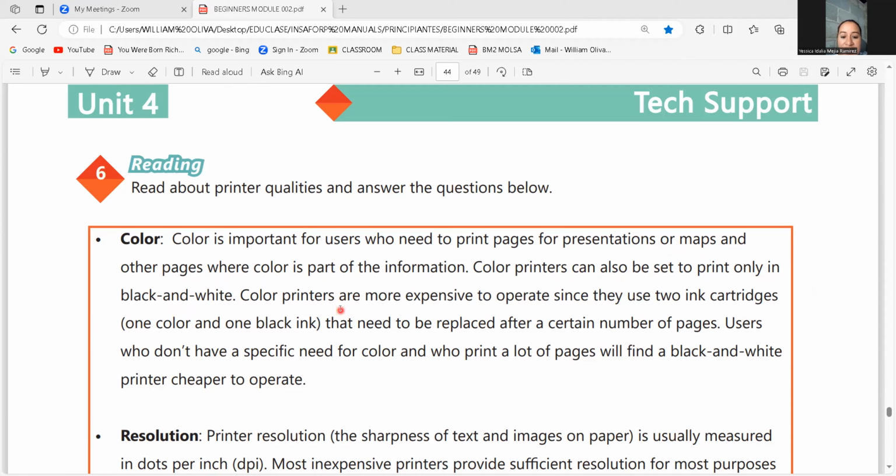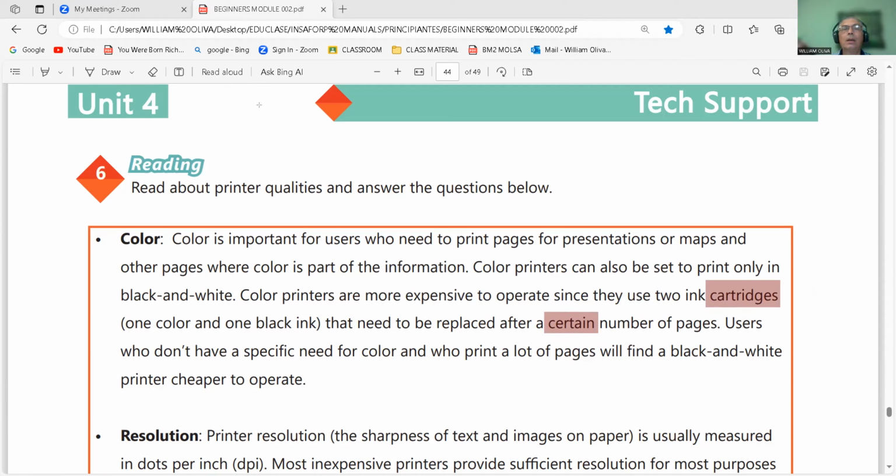Color printers are more expensive to operate since they use two ink cartridges, one color and one black ink, that needs to be replaced after a certain number of pages. Users who don't have a specific need for color and who print a lot of pages will find a black and white printer cheaper to operate.